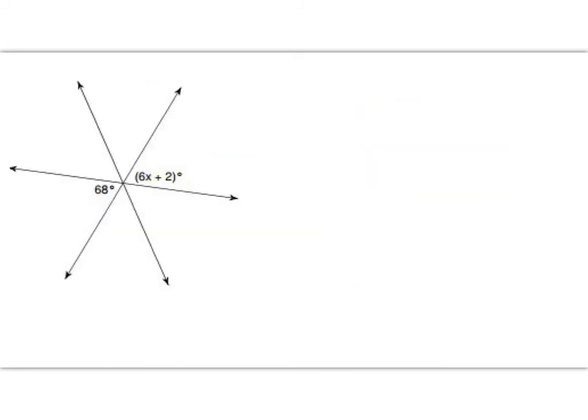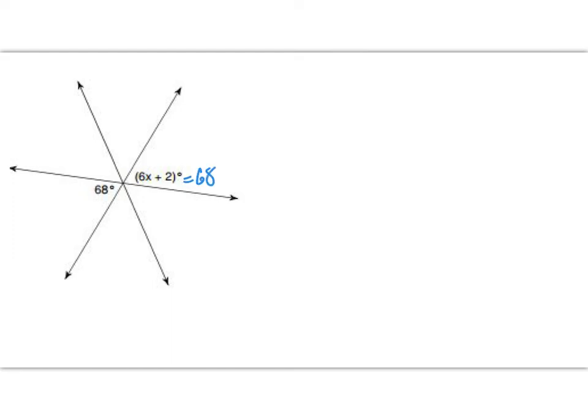My favorite type of angles, vertical angles. And we know the nice part about vertical angles is that in vertical angles, these two angles are the same measure. So if I know this one is 68 degrees, I also know this one is 68 degrees.